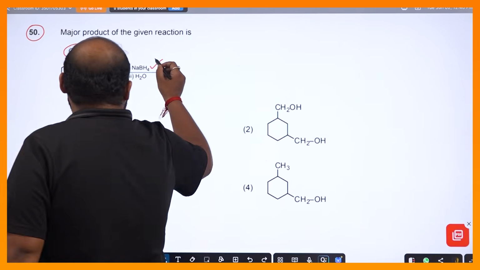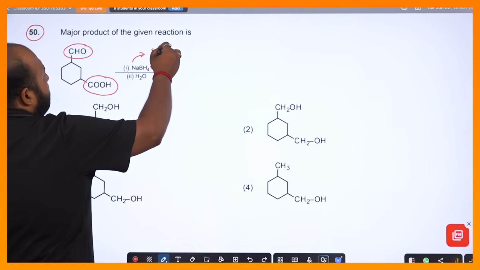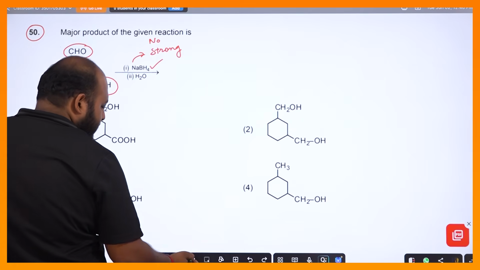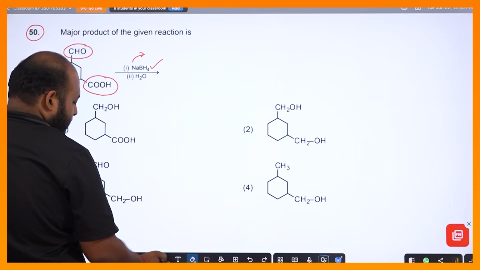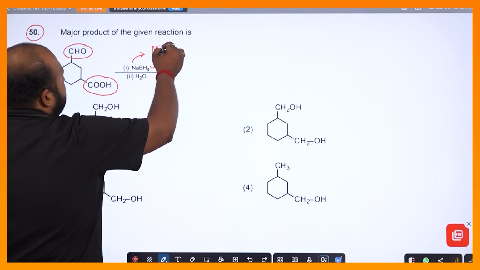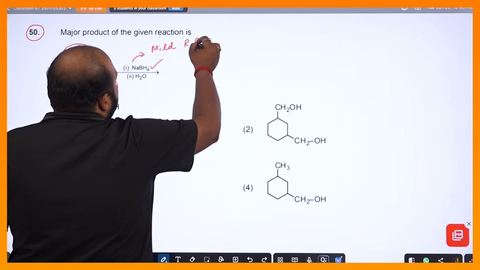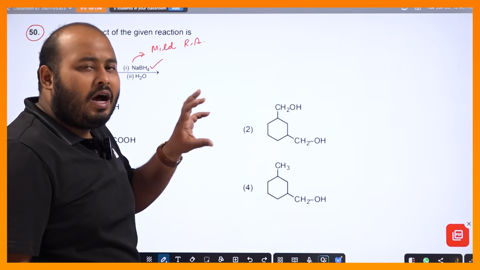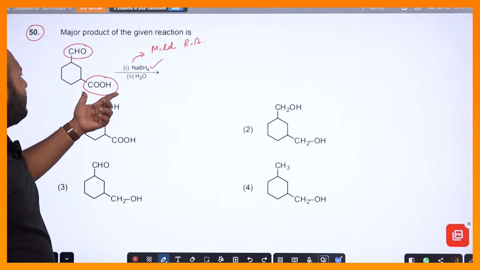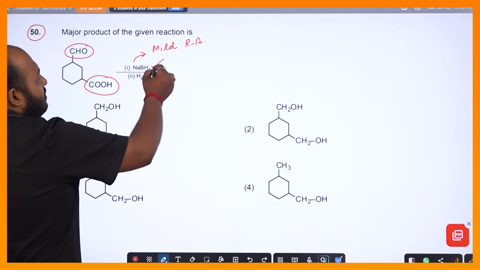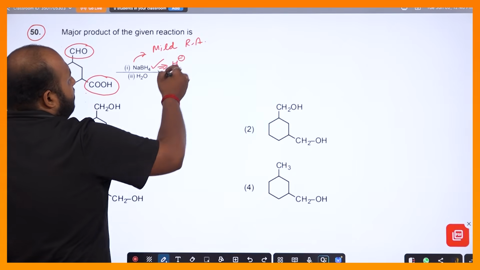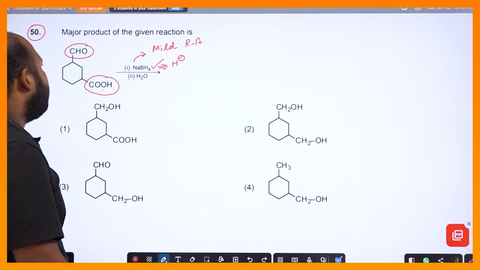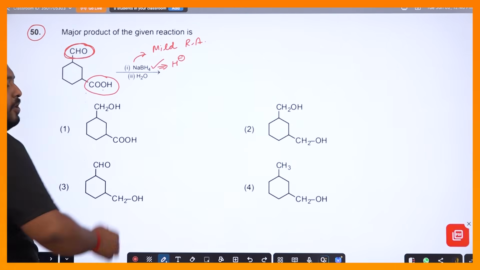Sodium borohydride is not a very strong reducing agent, or rather I can say it is a milder reducing agent compared to others, and this NaBH4 reagent is unable to reduce the carboxylic acid part, as the reagent involved here is the hydride ion. So the hydride ion is not involved in reduction of the carboxylic acid, you have to remember, but it can easily reduce the aldehyde to the corresponding alcohol.